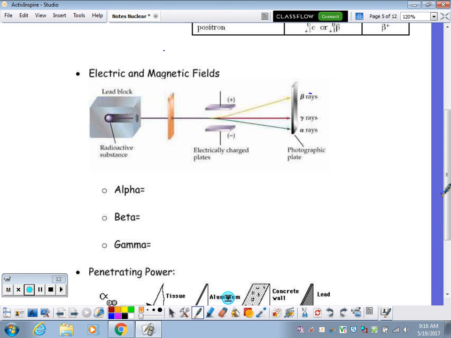This gives us information about the charges carried by each of these particles. The alpha is attracted to the negative plate, so therefore the alpha is a positive charge.